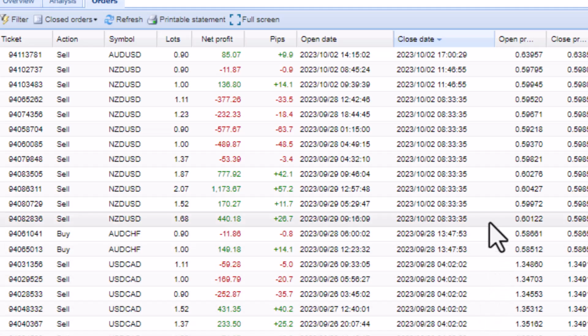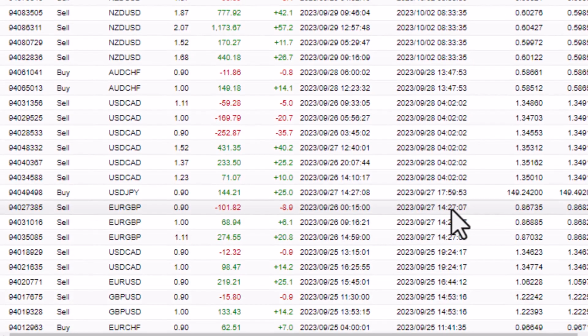I don't want to spend too much time on this, so let's have a look at smaller baskets. I would prefer baskets that are bigger than 3. So let's have a look. That's too big, that's too small, that's too big, that's too small. There's one of 3. Okay, so they're all closed at the same time.